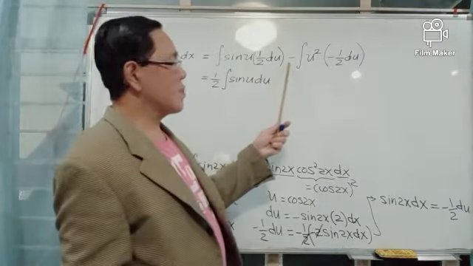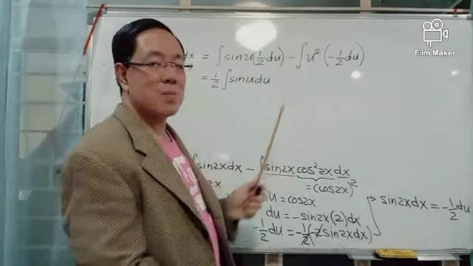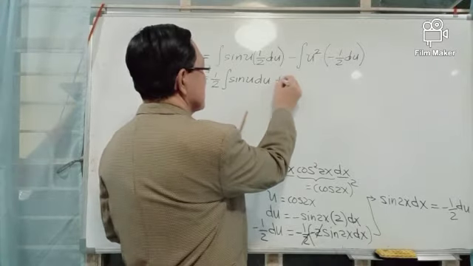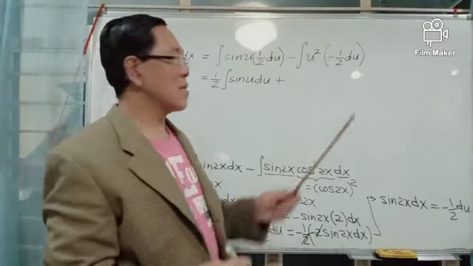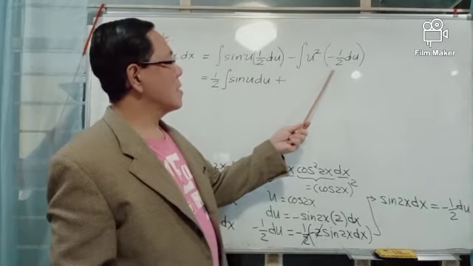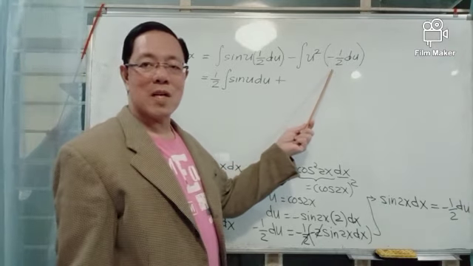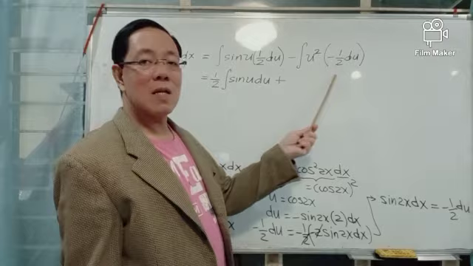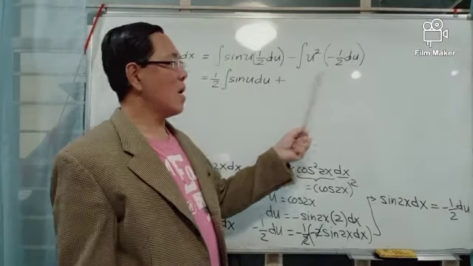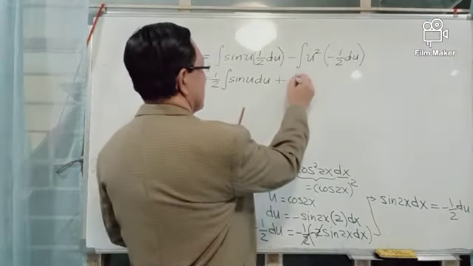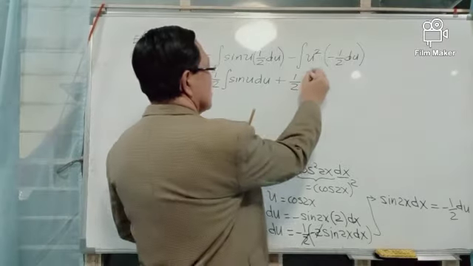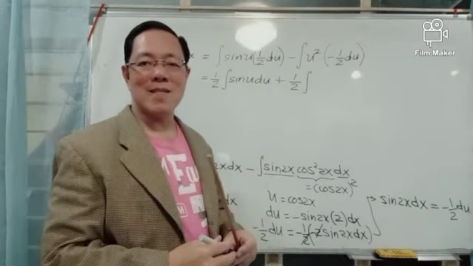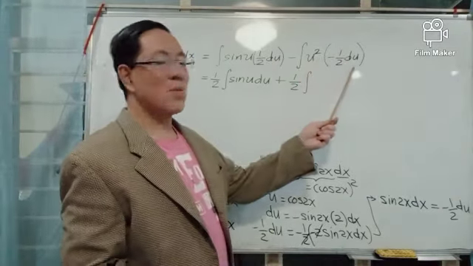The second term, we have negative times negative is positive. And the constant is also 1/2. By the integration rule for a constant times a function, this integral is equal to the constant 1/2 multiplied by the integral of u squared with respect to u.